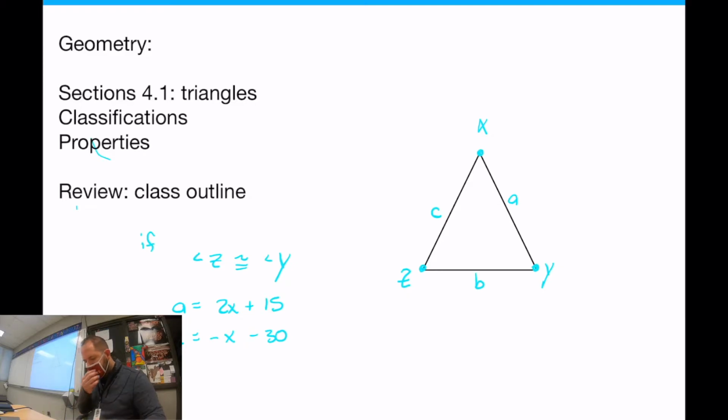Okay. So let's say that this is what we have. The goal here is to find x. That's on every single problem. That's what the instructions are. It says find x, blah, blah, blah.